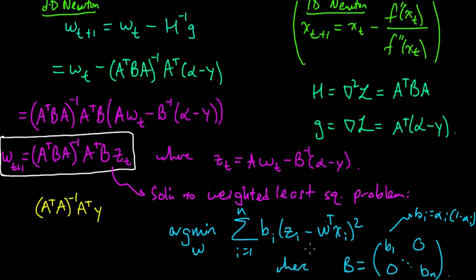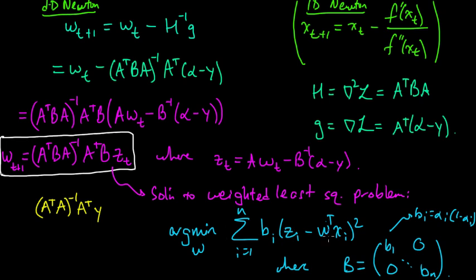So when we did the MLE for linear regression, we were solving a least squares problem, and we didn't have these b_i's hanging out here. We didn't have these weights. It was a y_i here also instead of z, but that's not particularly important for this discussion.